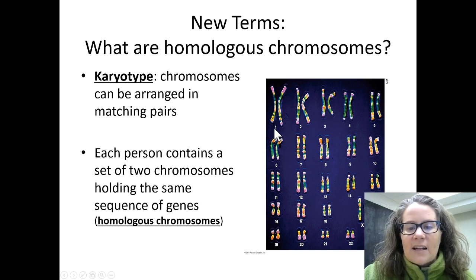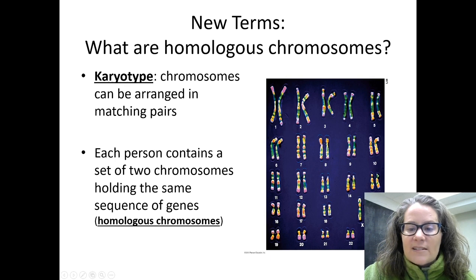And so you can see chromosome number 1 is very, very long, all the way down to chromosome 22, which is very, very short. And you can see that we can arrange these particular chromosomes inside the human cell in matching pairs. Now, it's interesting, each person contains 2 chromosomes that hold the same sets of genes. These are known as homologous chromosomes.